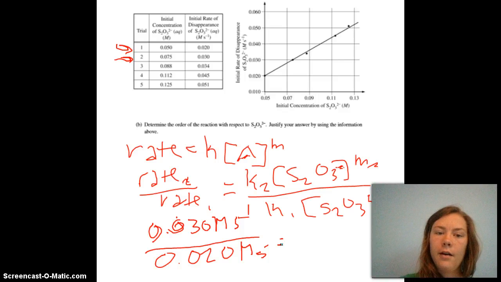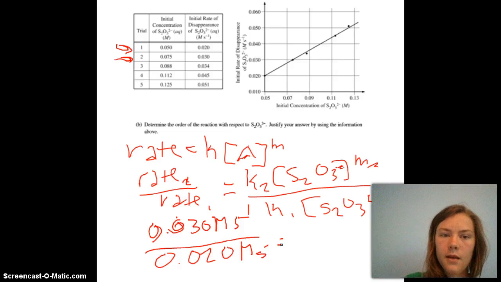However, the initial concentration is changed between the 2 trials, so we need to include that.